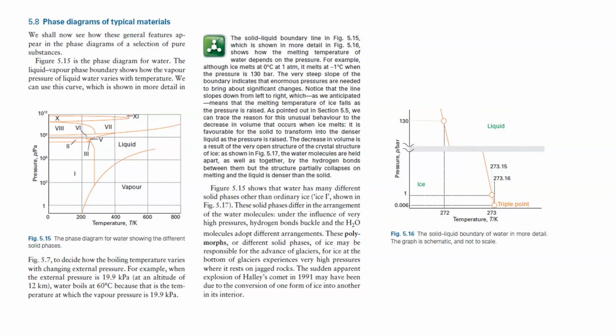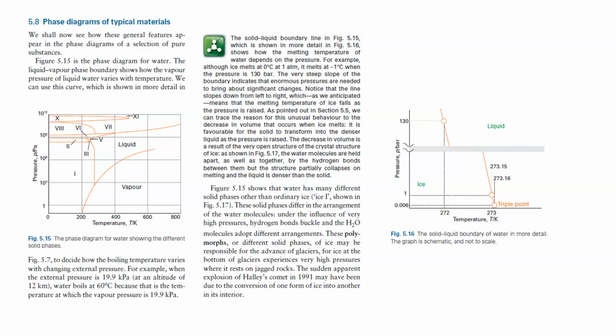So, what about phase diagrams of typical materials? We shall now see that these general features appear in phase diagrams of a selection of pure substances. Figure 5.15 below is the phase diagram for water. The liquid-vapor phase boundary shows how the vapor pressure of liquid water varies with temperature.